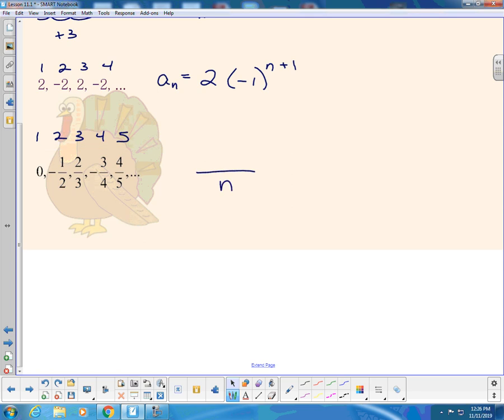And the tops, how is the top related to n? n minus 1. And we also have alternating, right? Do I want n or n plus 1 here? n plus 1. Because the first term is positive. So it has to be an even exponent for the first term.